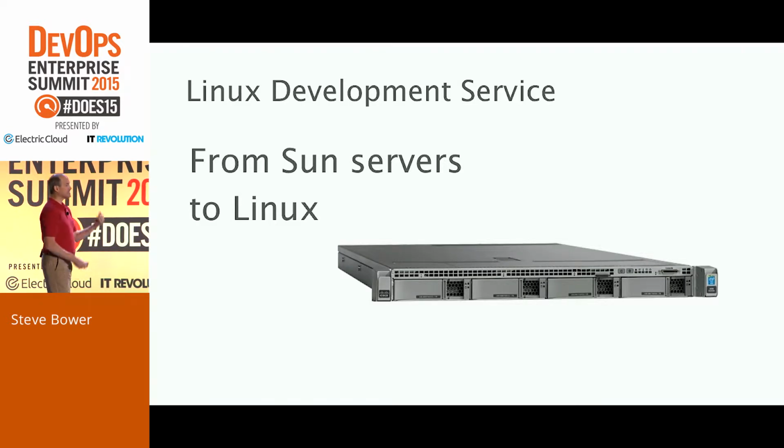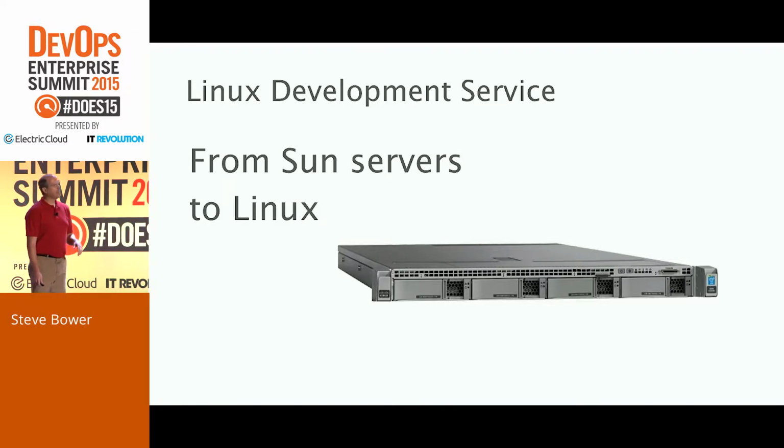So we deployed this on bare metal Linux servers. And so we would take one of these servers and put 2 to 4 to 5 or so users on the server. And remember, the Sun systems would take a month, 2 months, 3 months to get in. What we did was we were able to pre-stage a lot of these Linux systems.